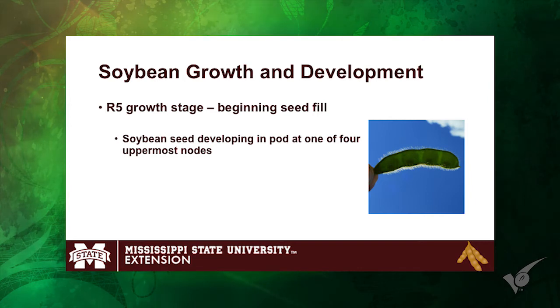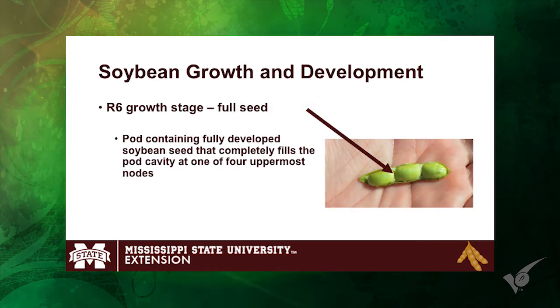More importantly, moving on to R6, there's some different literature out there that will define R6 a little bit differently. The easiest way to understand R6 is that seed is completely full inside that pod. It cannot expand anymore inside that pod. That arrow right there is pointed to the center seed, it's a squared off edge. Angus had that in his presentation yesterday, but you shell open that pod, you're going to see a squared off bean where it's pushed up against its neighbor.